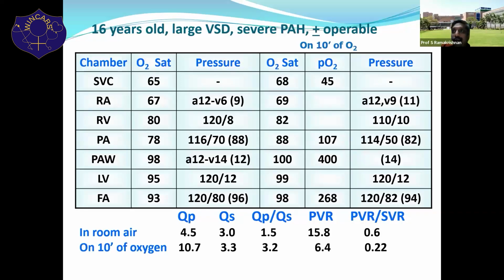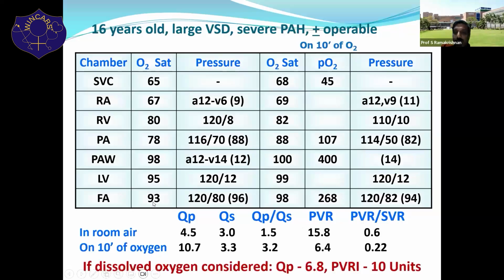As a physician, you are likely to identify where exactly the patient is and what is likely to happen if you close the VSD. So this patient is possibly inoperable. And if you have calculated the PVRI as 15, then you need not have done the oxygen study. But the caveat that I want to teach here is that commonly we don't take into account the dissolved oxygen content. The moment you calculate the dissolved oxygen content, the PVR becomes 10 Woods units.